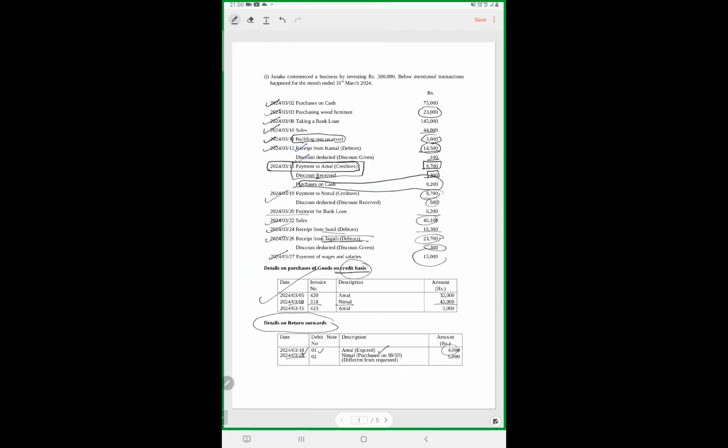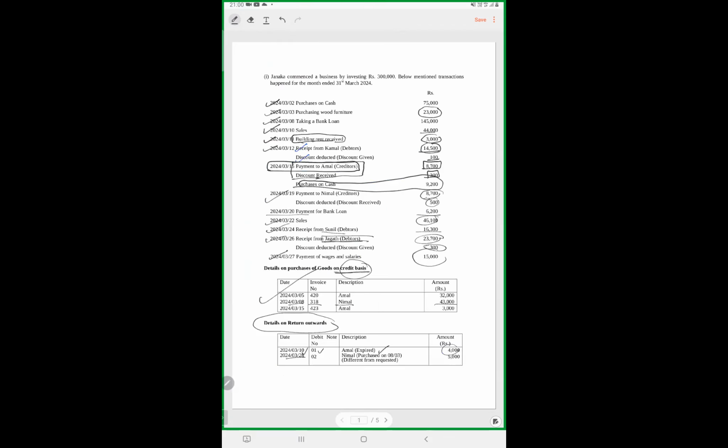Nimal, 5,000, debit note number 2, 28. And next, this one also okay.